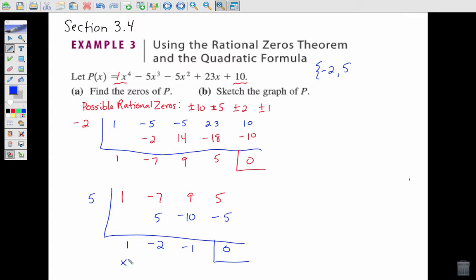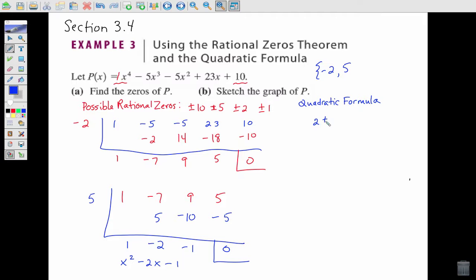Now this does not factor. So we need to use the quadratic formula. Okay, so I'm going to put these into the quadratic formula.